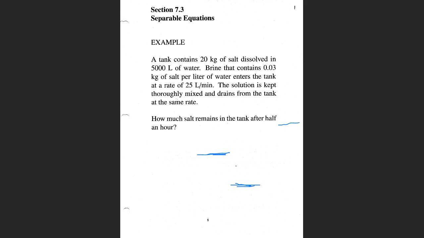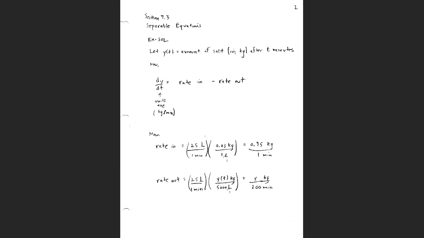All right, so let's go to the solution here, and I'll show you how to do this. First of all, we have to define some variables. So this is our example solution.